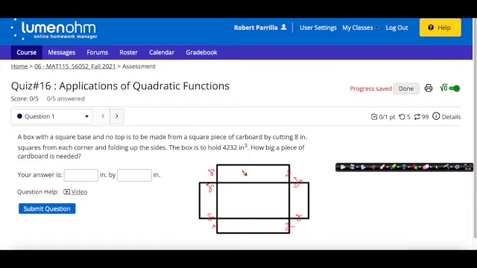And remember that the volume situation is volume is equal to the area of the box times the height of the box, which in this case is 8. So this basically is 8 times the area, and that is equal to 4,232 cubic inches. That's volume. So to get the area, which is square inches, we're going to divide everything by 8.